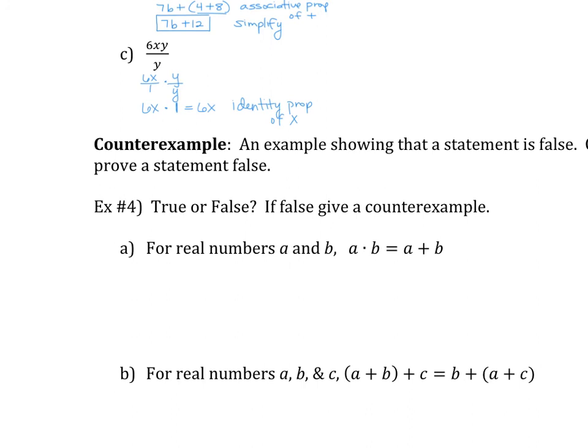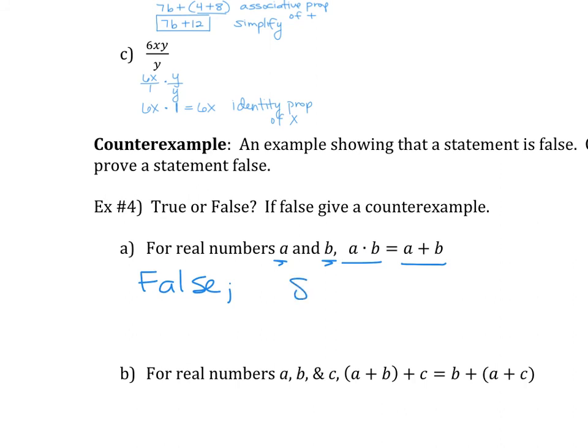So for the first one, for real numbers A and B, so any numbers A and B, is it true that A times B equals A plus B? No. Why not? Give me an example. Because multiplication and addition are not the same. Right, but give me actual numbers that prove it's false. So what is A going to be? 8.